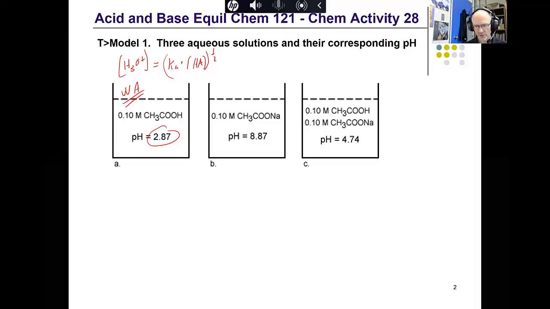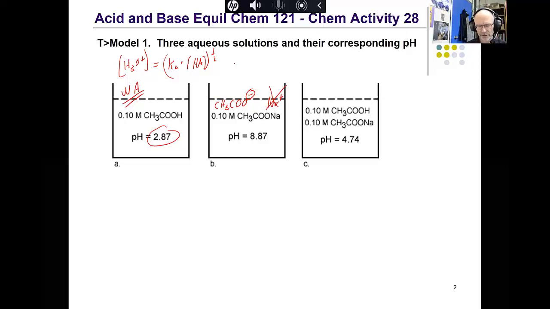We could also work with this sodium acetate. And just to be clear, this is CH3COO negative. You've got the conjugate base. And then, of course, we've got the negligible spectator ion, the sodium ion. Okay, so that's what's going on there.